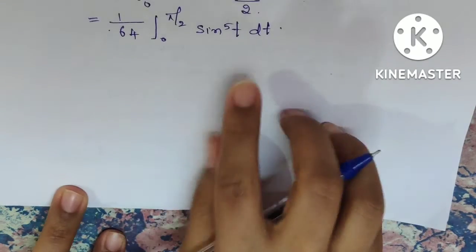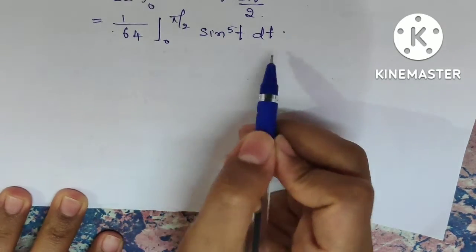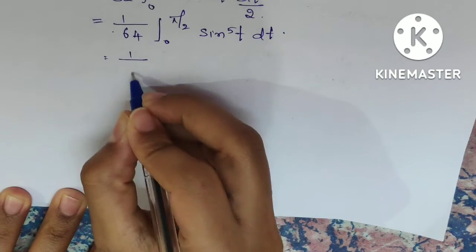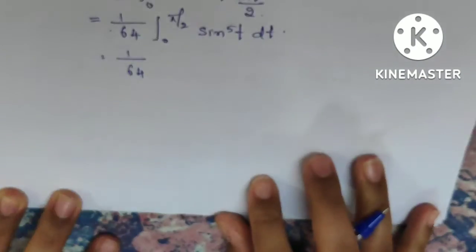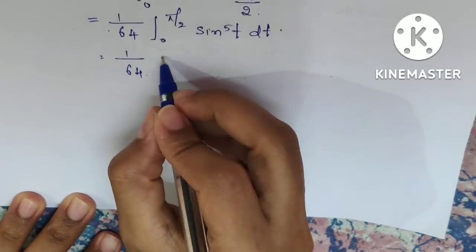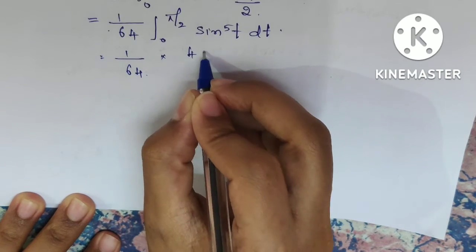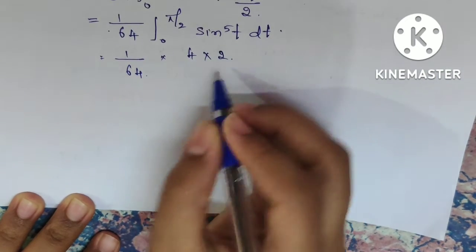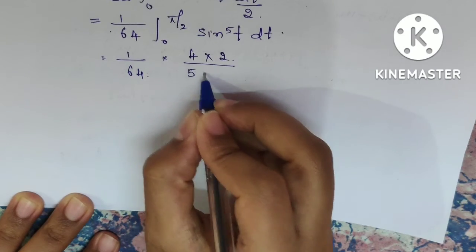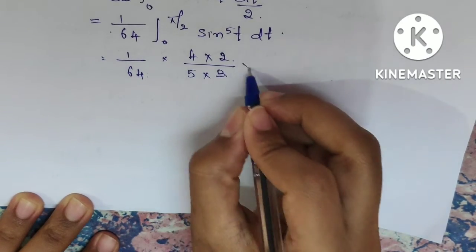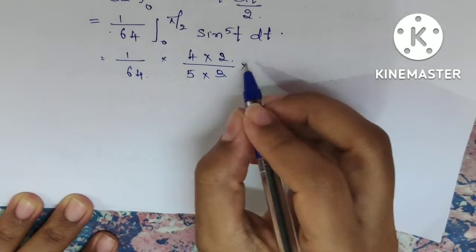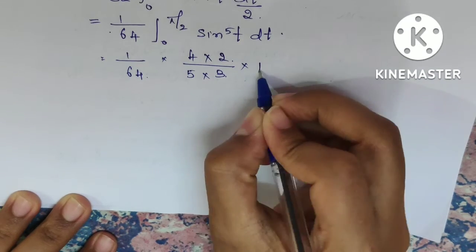Then by reduction formula, this will become 1 by 64 into 4 into 2 divided by 5 into 3 into, since the power is odd, we have to multiply by 1.